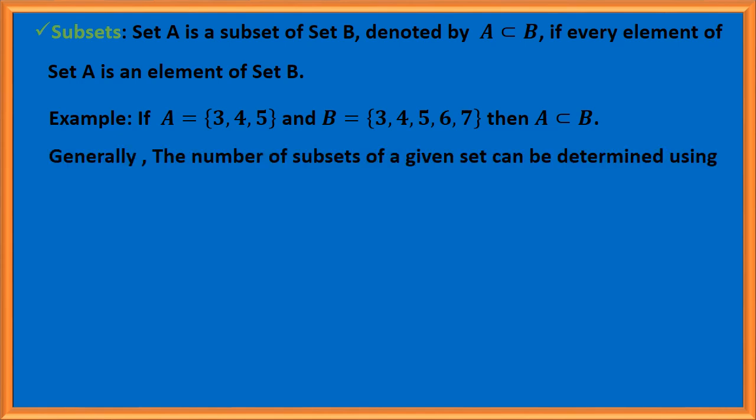Generally, the number of subsets of a given set can be determined using 2 exponent n, where n is the number of elements, or we'll say the cardinality of the set.